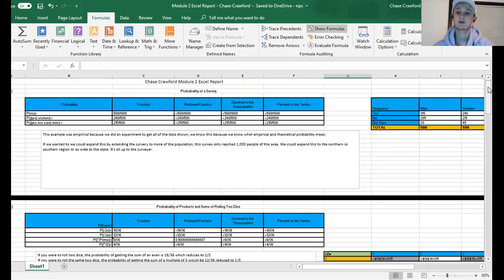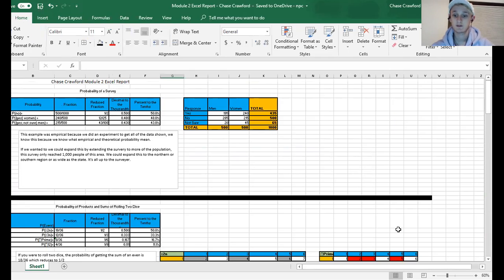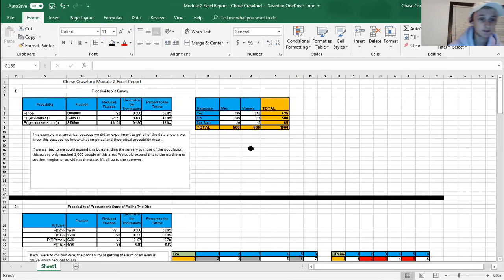Now, based on all of the data that I collected, for this one, this example I said was empirical because we did an experiment to get all the data shown. And we know this because we know what empirical and theoretical probability mean.